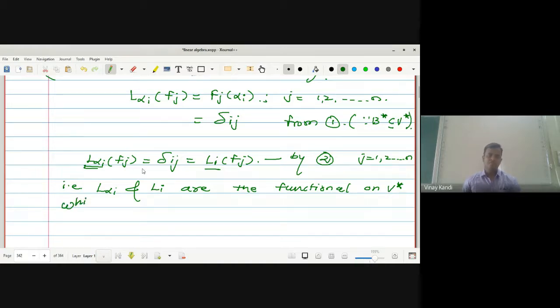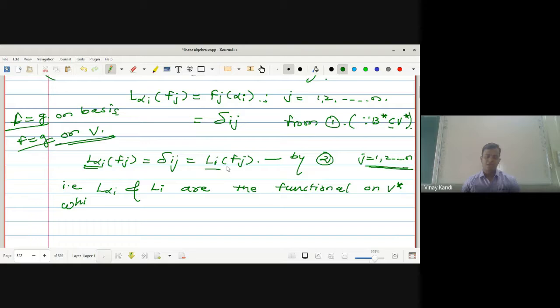Okay, so this is true from the earlier result: if f is equal to g on a basis, then f is equal to g on the whole vector space. So here, on the basis f1, f2, up to fn, L alpha i and Li both agree on the basis set. Hence L alpha i is equal to Li on V double star.